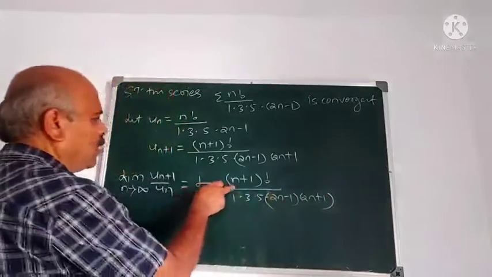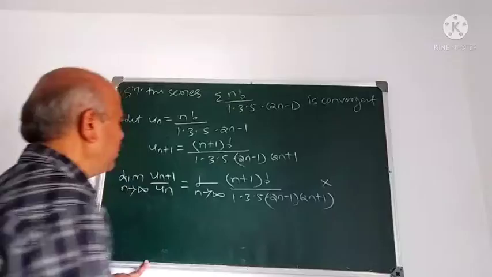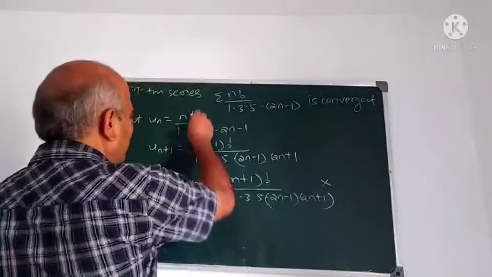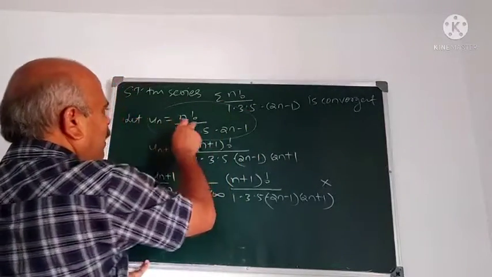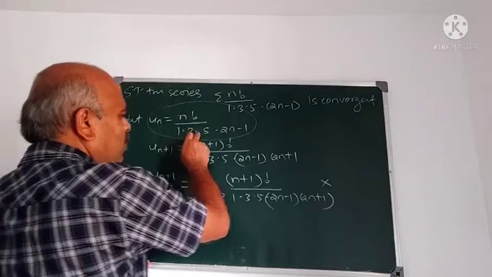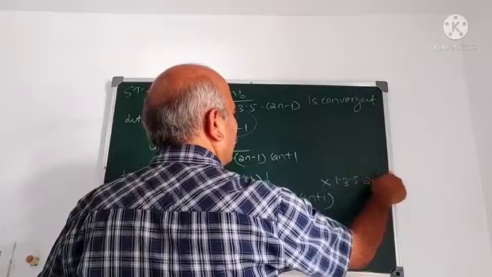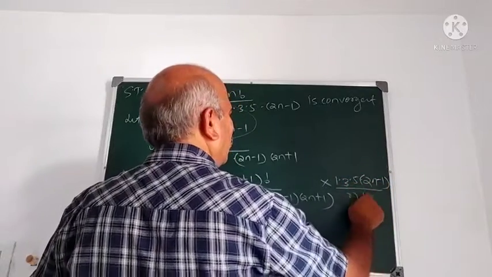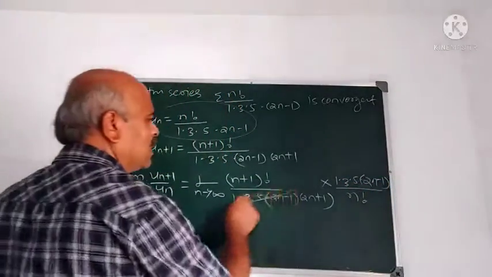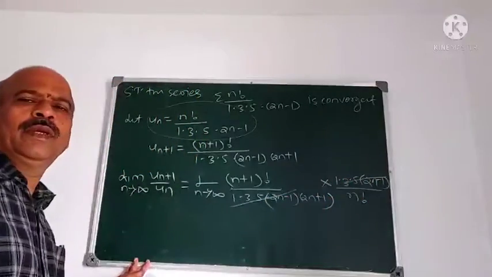This is un plus 1 divided by un. Divided by un means multiply by the reciprocal of this, which is 1, 3, 5 etc. up to (2n minus 1) divided by n factorial. Now simplify this and take the limit as n tends to infinity.